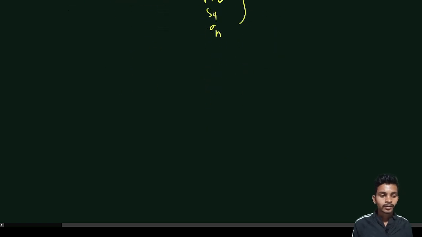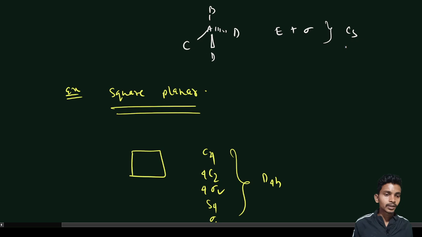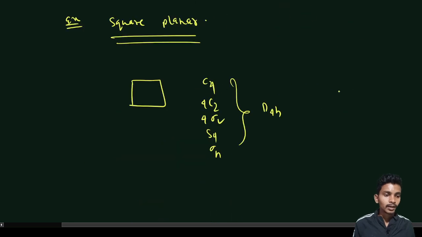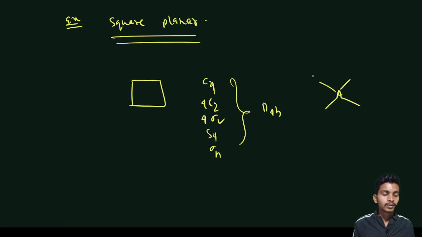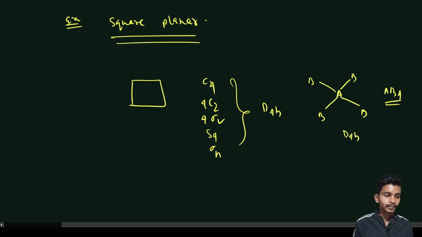Now these molecules we can also draw like this. Let's search here for any molecules. Okay, so here let's say B, B, B, B, B. That is an AB4 type molecule. In this type of molecule, the point group is D4h if the structure is square planar.